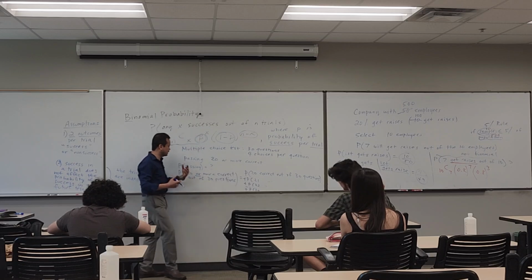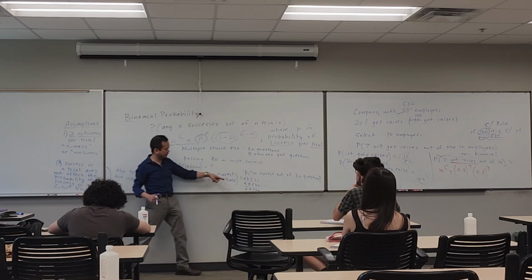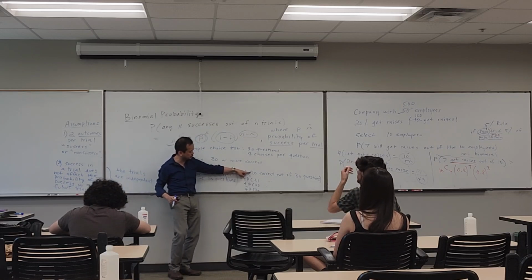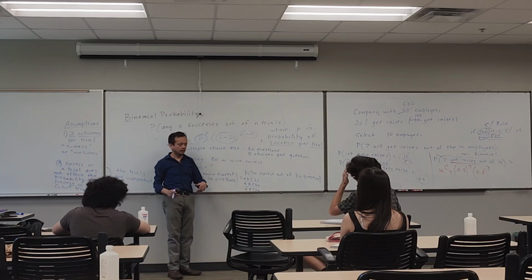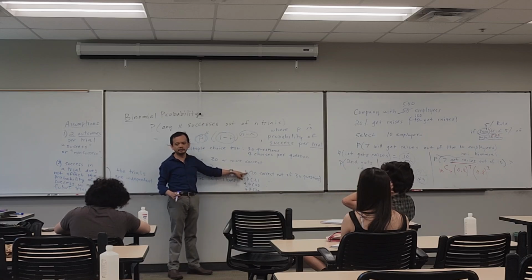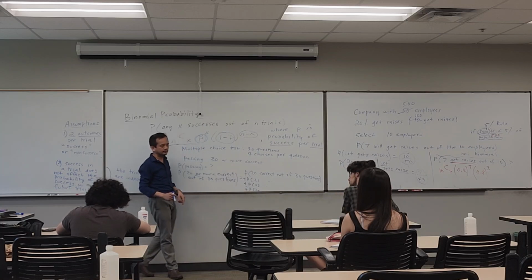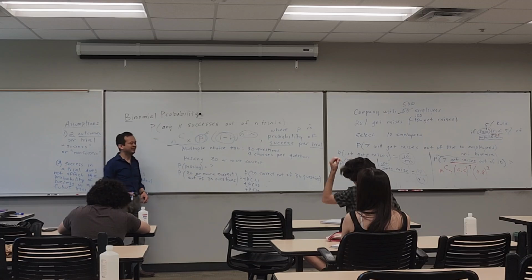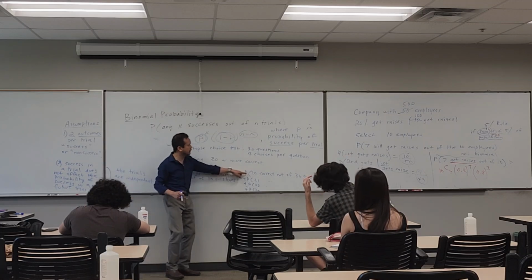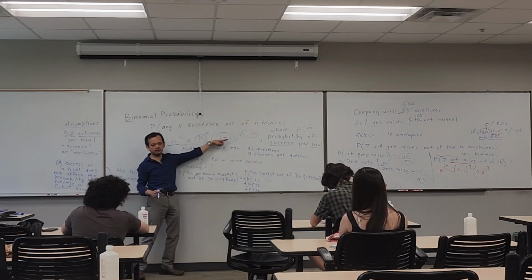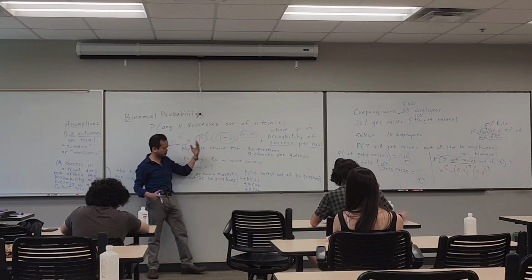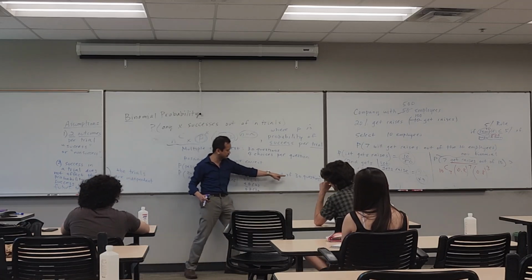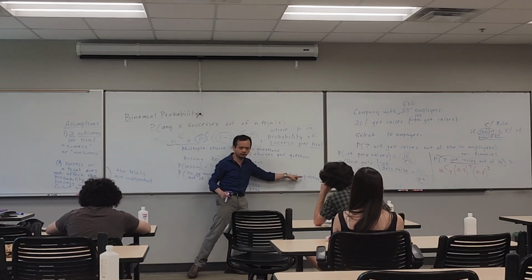So if you wanted to correctly find this answer, you would have to add up all these probabilities from 20 to 30. And how would you find each individual probability? Plug it into the binomial. Yeah, very good. Each individual probability is a binomial probability that you find from this formula, because it's the probability of this number of successes out of this number of trials.